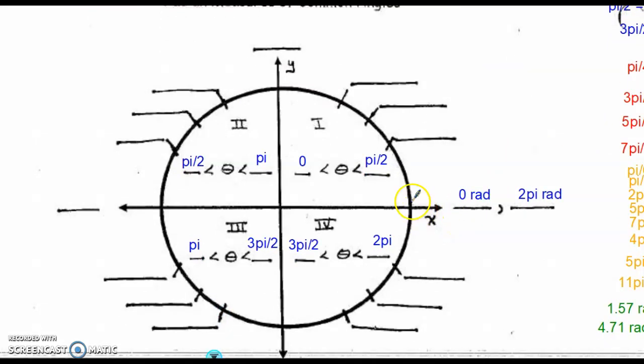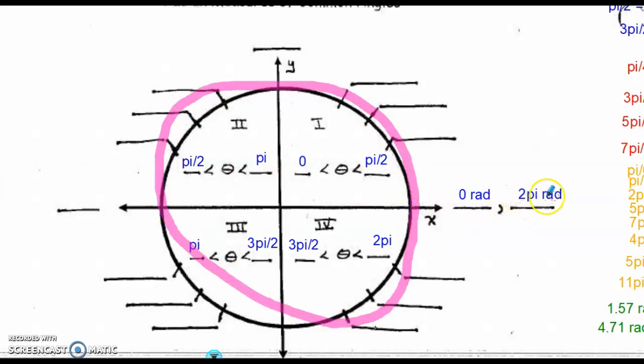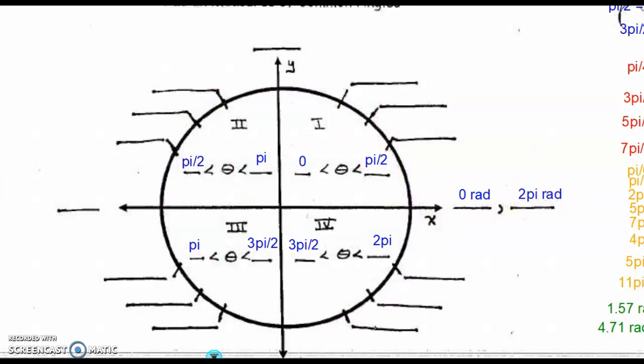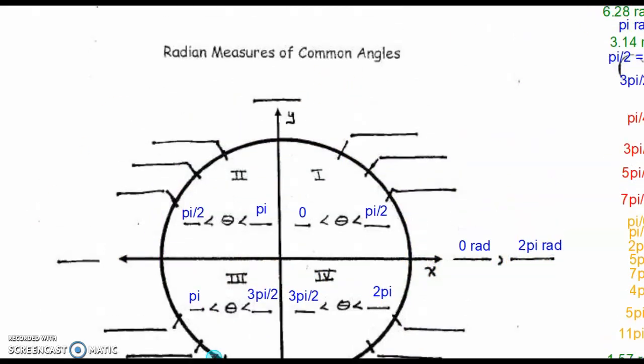And we know that if we go once around the circle, all the way around the circle, we've gone 2 pi radians. Well, half of 2 pi is pi. And we also know that pi is 3.14. Twice pi would be 6.28.